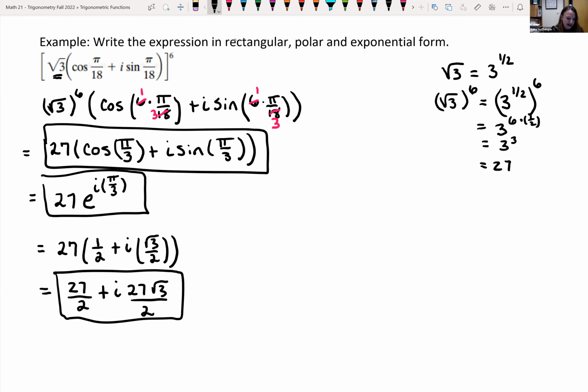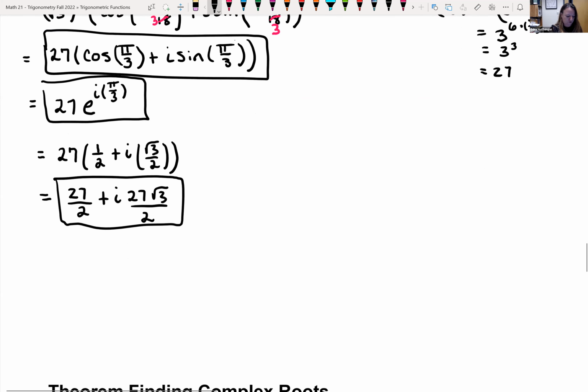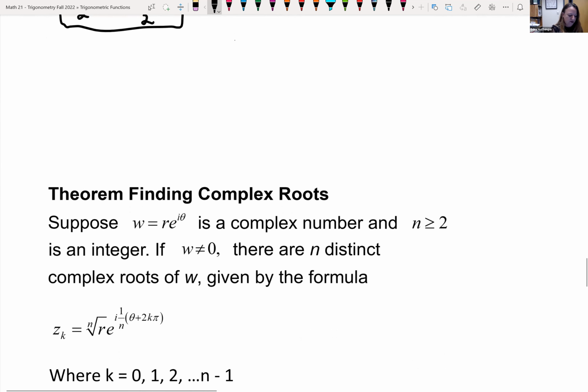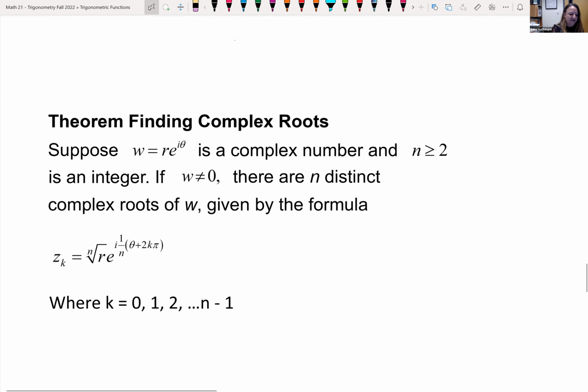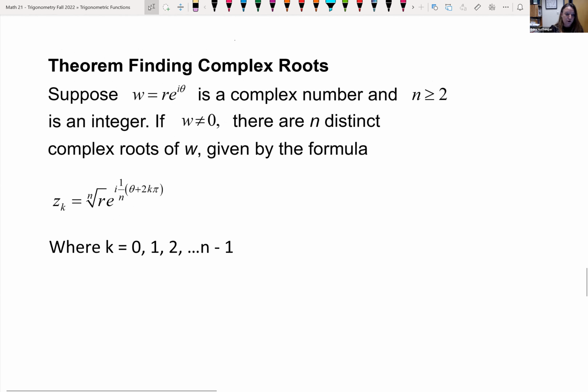Now let's look at another theorem, and it's based off of de Moivre's theorem. If we wanted to look at an nth root of a complex number. So in front of us, I have a theorem for finding the complex roots. So suppose that W is equal to R raised to the I theta is a complex number and n is greater than or equal to 2 is an integer.